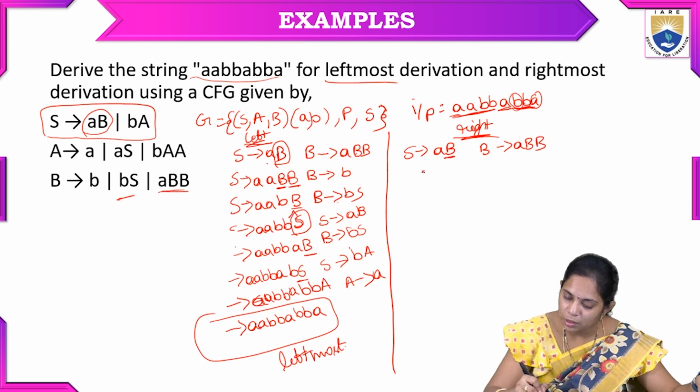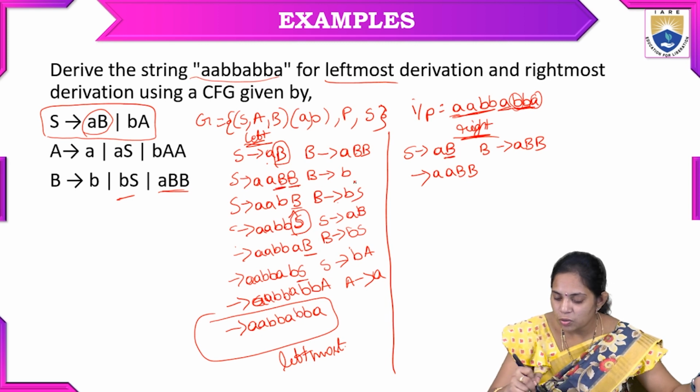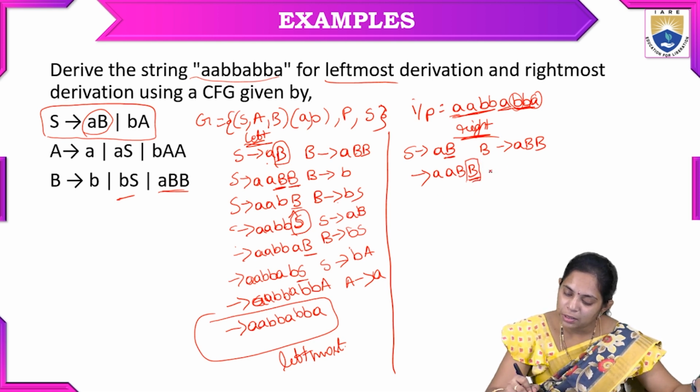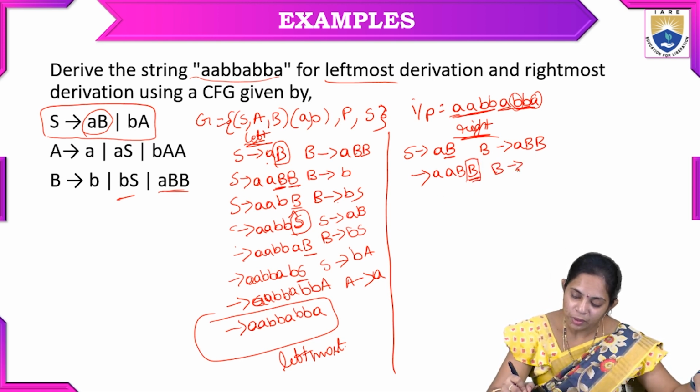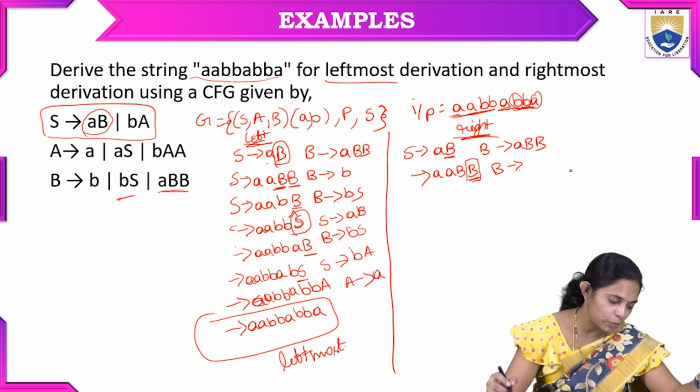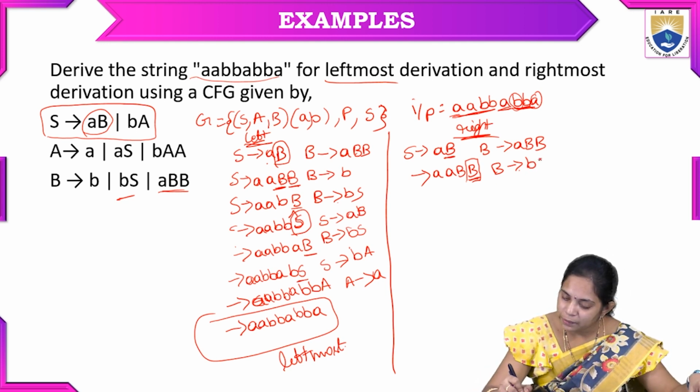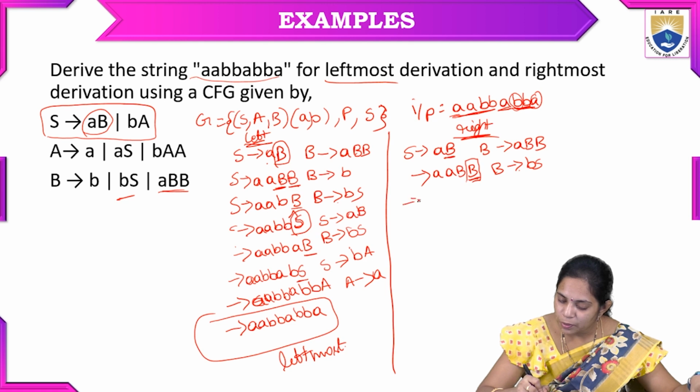We will take this one. Here if you observe, in the leftmost derivation we started with this B. In the rightmost derivation, we have to replace the rightmost non-terminal. Here this B tends to which production rule do we have to take? bS. So instead of this one, we will replace it with a, b and this bS.